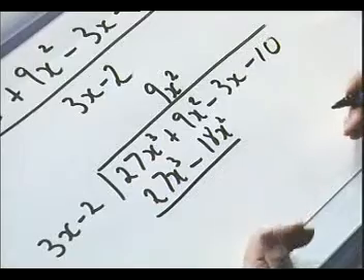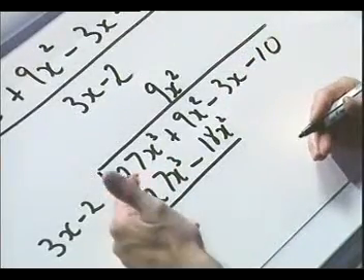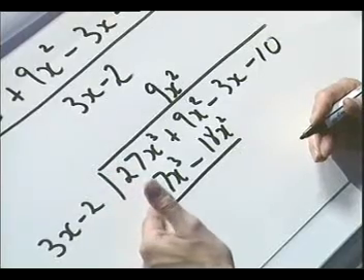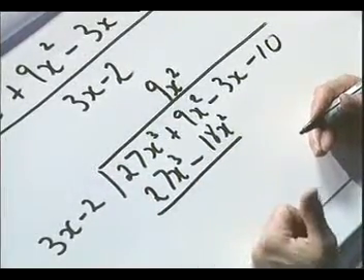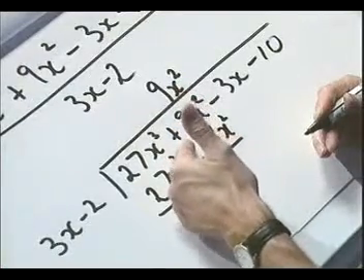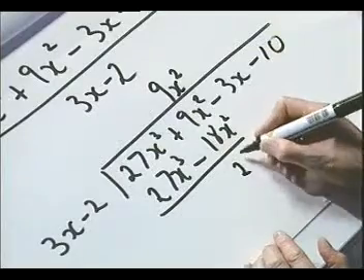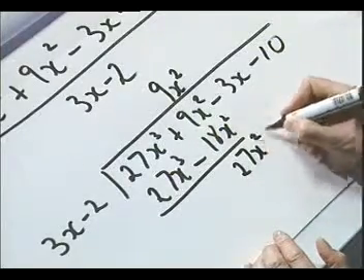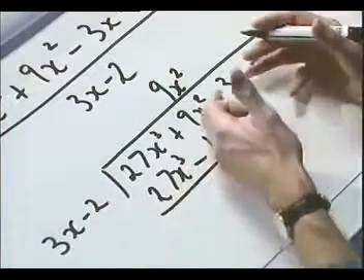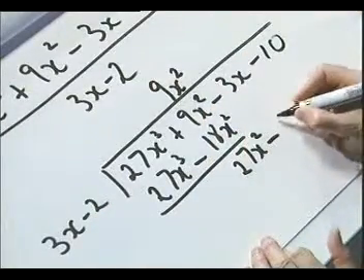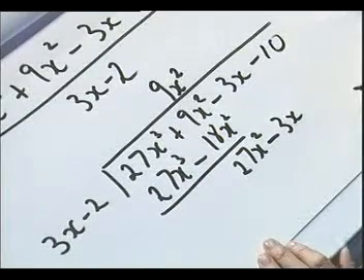And just like we did for long division, we now do the subtraction. 27x cubed, take away 27x cubed, none of them, because we arranged for it to be so. 9x squared, take away minus 18x squared, gives us plus 27x squared. Now we do what we did before. We bring down the next one. So we bring down the minus 3x.